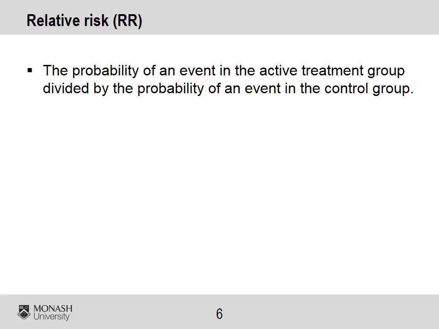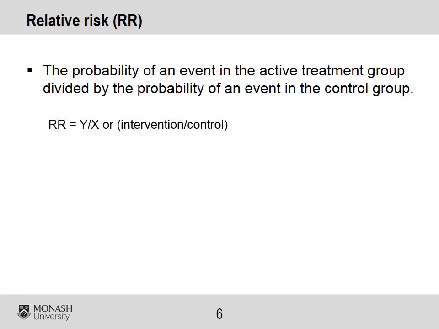So the first outcome that we'll consider is relative risk. Relative risk is just the probability of an event in the intervention group occurring divided by the probability of an event in the control group. As a straightforward division, the first thing that you need to know is if we get a relative risk of 1, it indicates that there's absolutely no difference between the intervention group or the comparison group in terms of their outcomes.